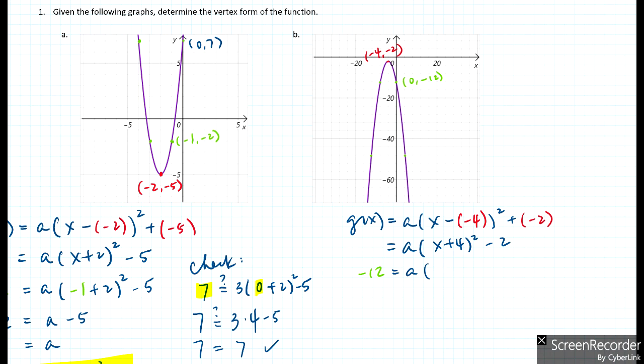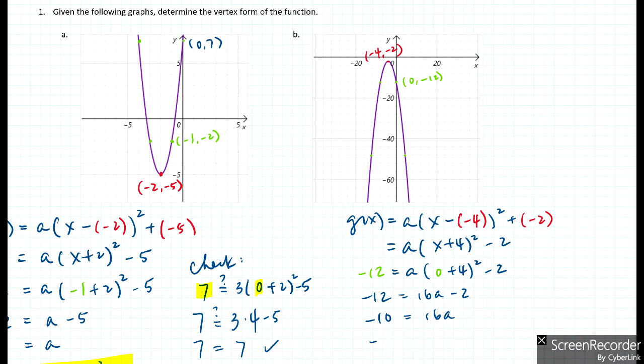So this is a times 0 plus 4 squared minus 2. Altogether we should have negative 12 is equal to 16a minus 2. To simplify, we add 2 on both sides and get negative 10 equals 16a.